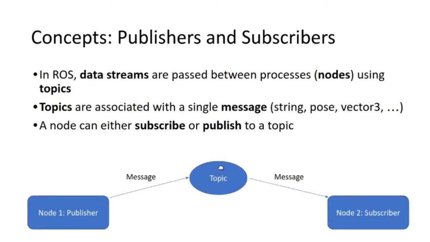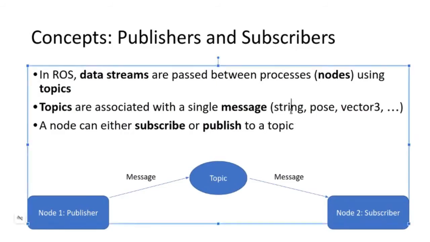The messages that you send have different predefined message types. You can have a string, which is essentially a sequence of characters, a pose, which is essentially a position and an orientation, a Vector3, which is essentially an x, y, z coordinate, and different things like that.